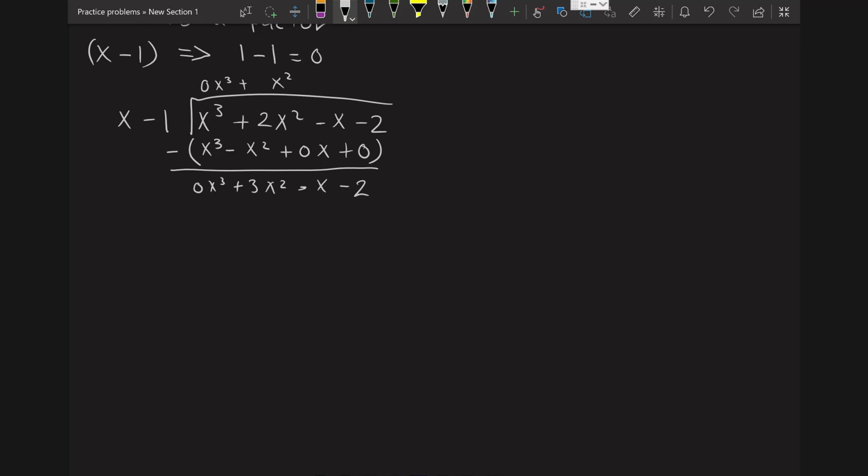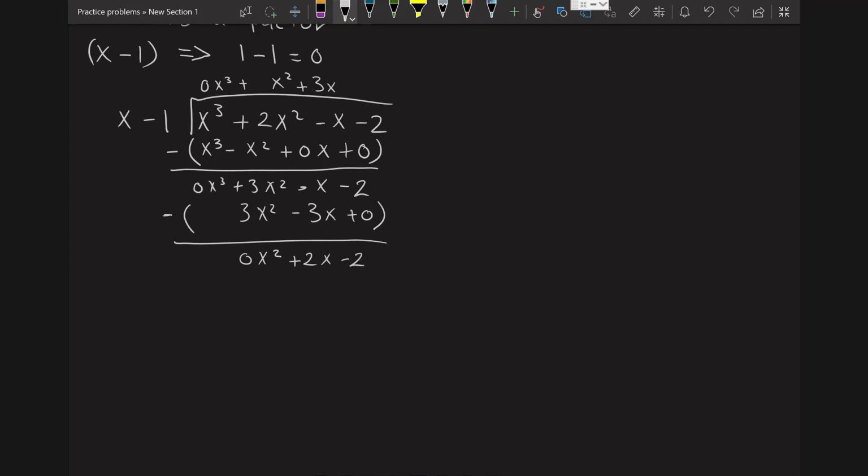And then you would do the same thing again, so 3x squared divided by x is equal to 3x, so plus 3x, and then you would subtract, so 3x times x is 3x squared minus 3x plus 0, and then that would cancel out, so you get 0x squared, negative x minus negative 3x is 2x, and then minus 2.